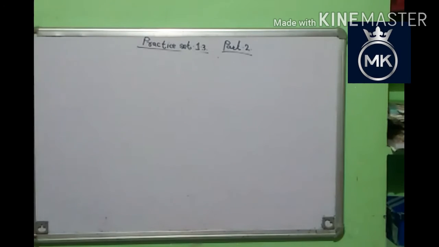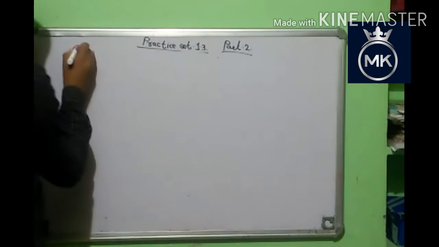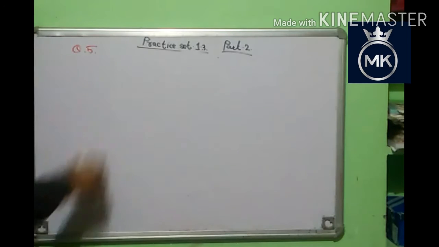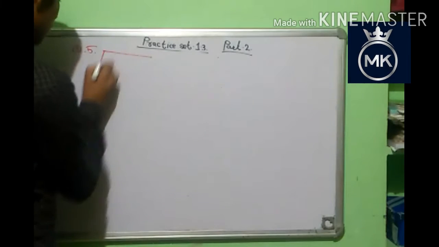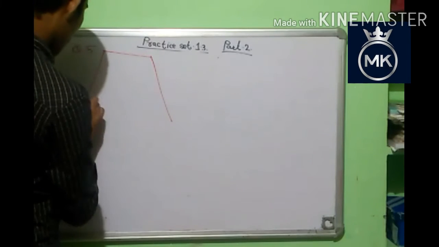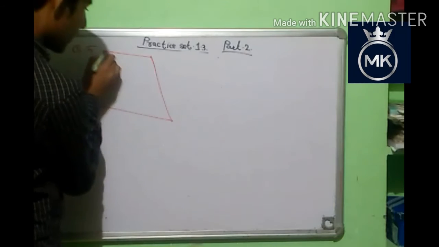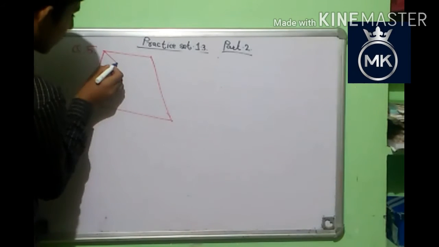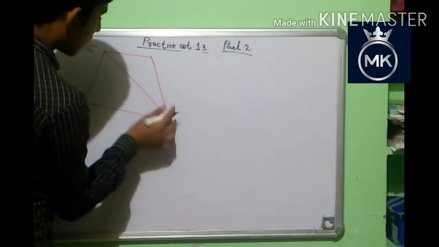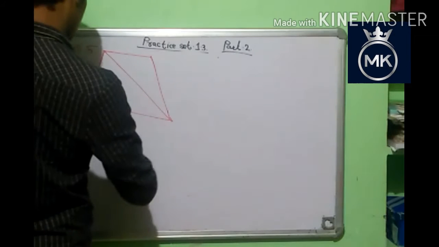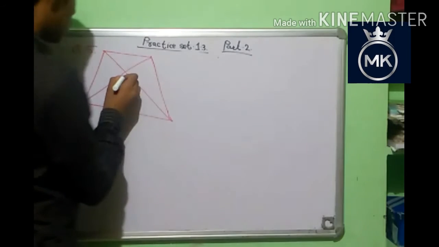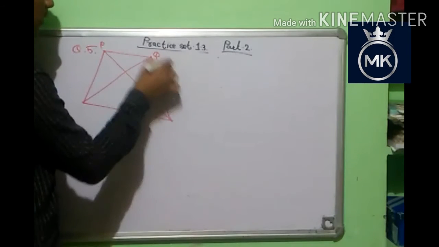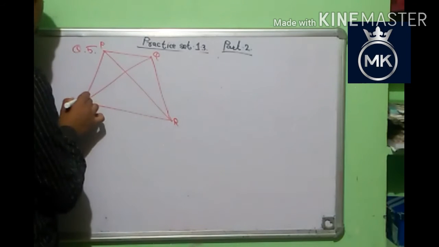Friends, in question number 5 also we are given a trapezium. The quadrilateral trapezium is given here, and two diagonals are also given here, trapezium PQRS.